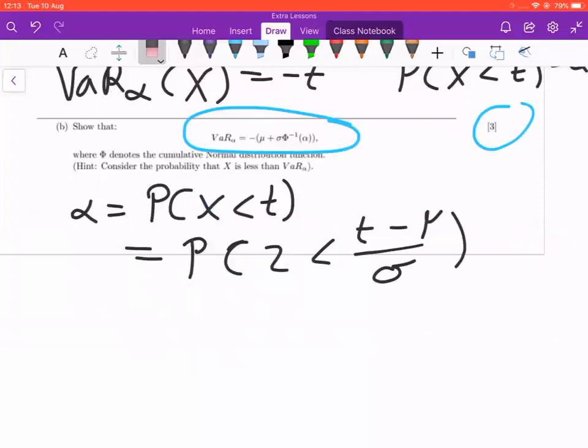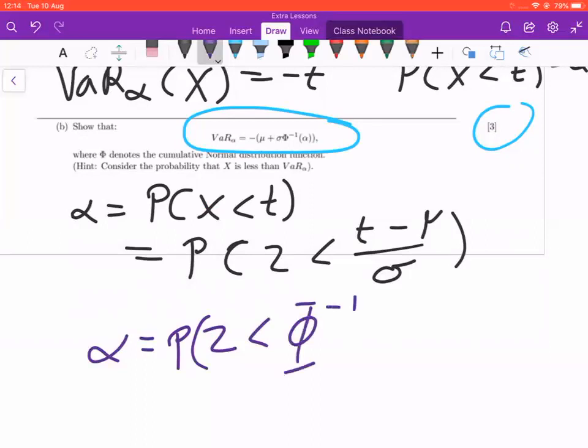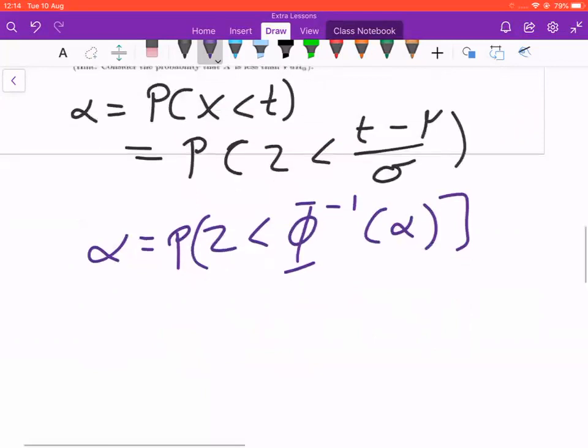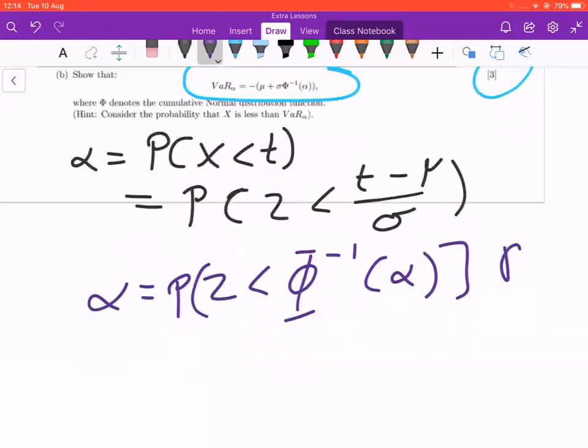We know that the probability of z being less than the inverse of the standard normal function of alpha equals alpha.